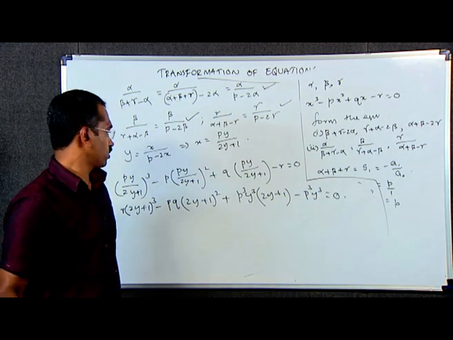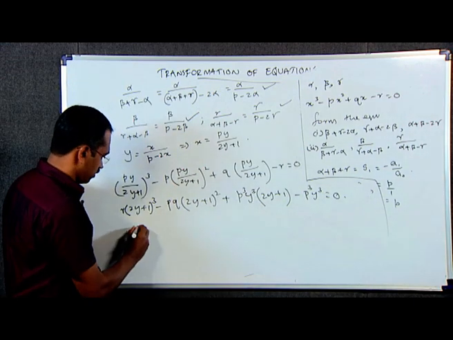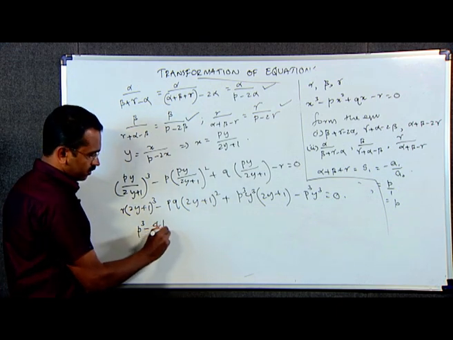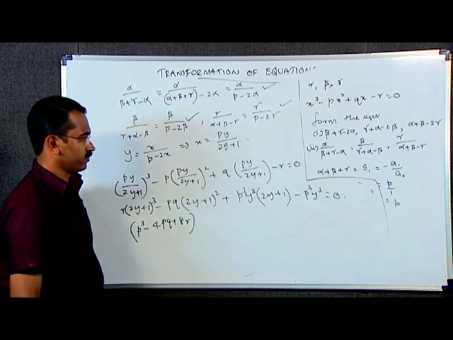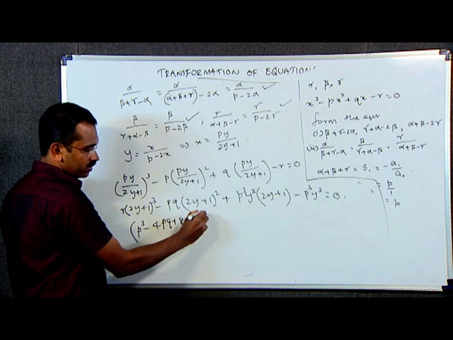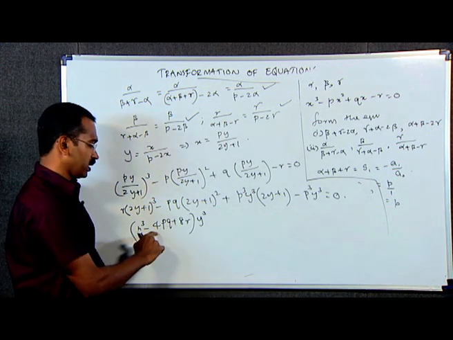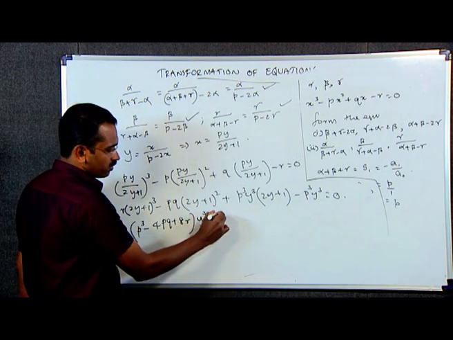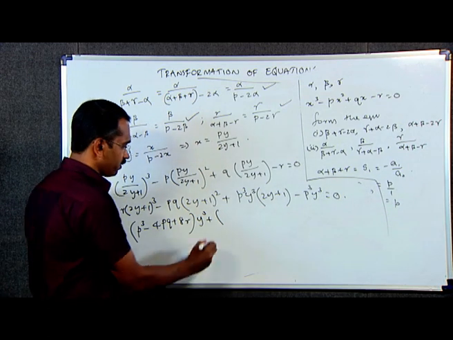That is p cube minus 4p cube plus 8r into y cube. Combining all the terms having y cube, we will get p cube minus 4p cube plus 8r into y cube, plus next we combine all the terms having y square.